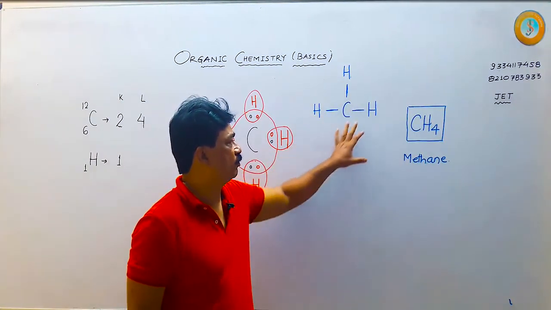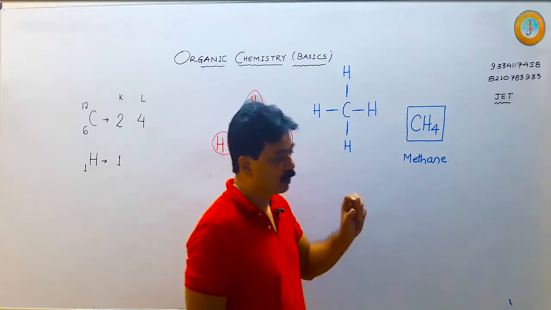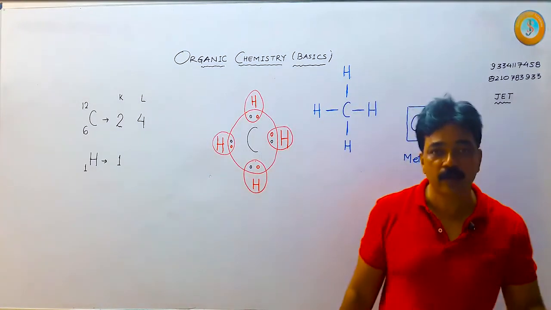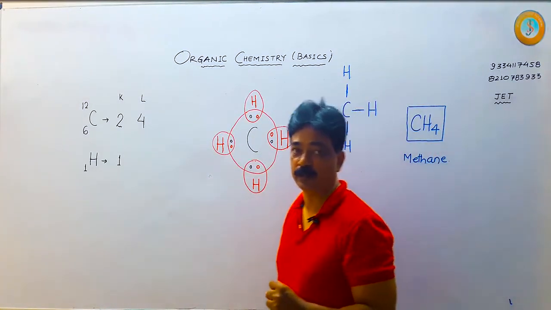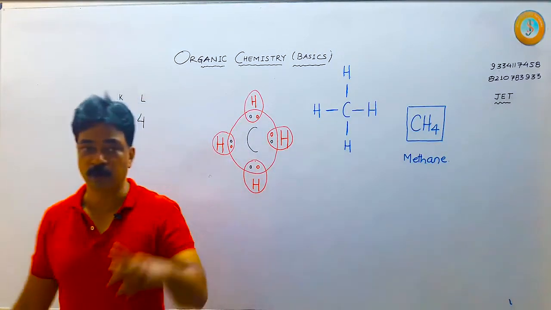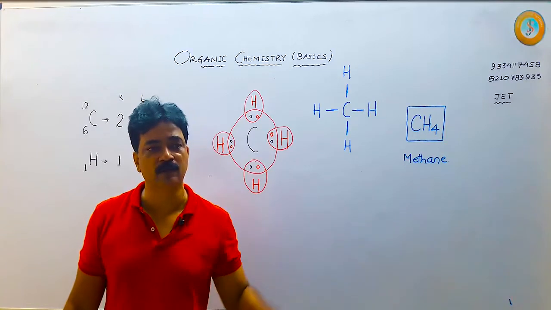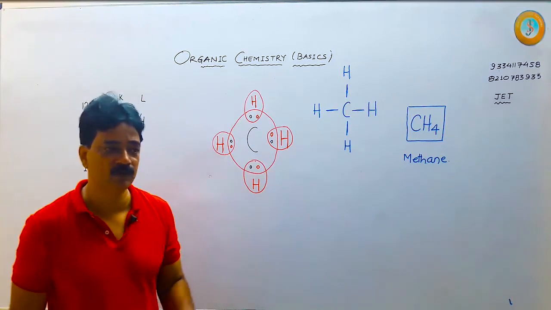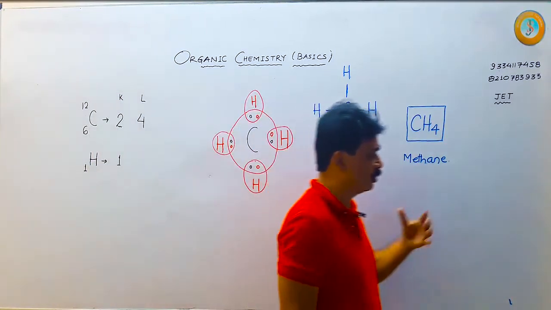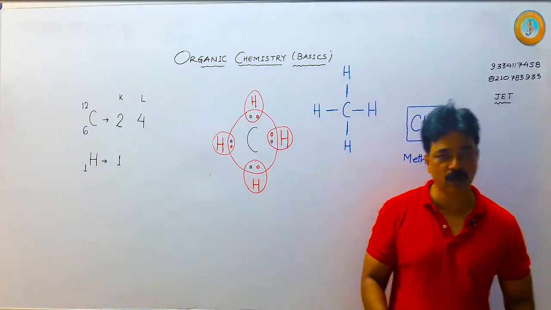This way you have to learn to write that in any stable compound of carbon there will be 4 sticks around it. 4 sticks around it, not 5, not 3. 3 will be an unstable radical. 5 does not exist. 5 sticks around, that means 10 electrons in the outermost orbit of carbon, is not possible.